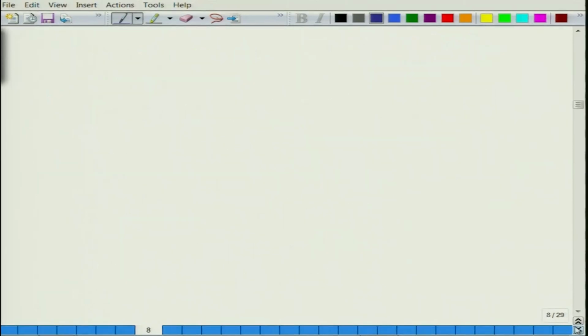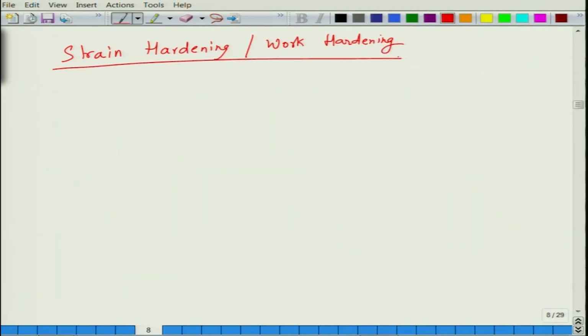Let us first deal with the first mechanism, that is strain hardening. We also call it work hardening.